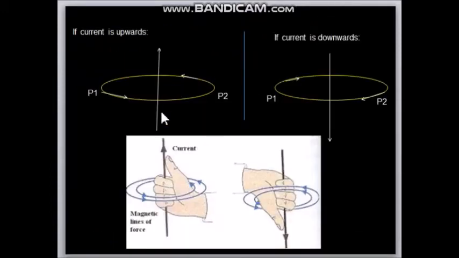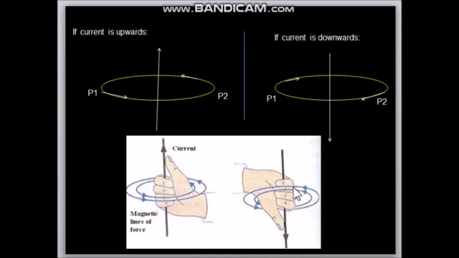Let's see for two currents. Here current is upward and here current is downward. Using the right hand thumb rule, we find the magnetic field. In this diagram, we hold the wire with the right hand, thumb upward, so the fingers curl like this, and these arrows are shown.